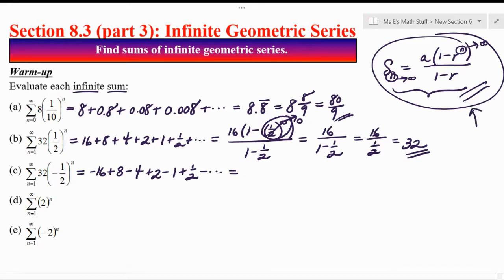Let n, the number of terms, be infinity. The first term was negative 16, times 1 minus the common ratio, negative 1/2, raised to the infinite power, over 1 minus negative 1/2.